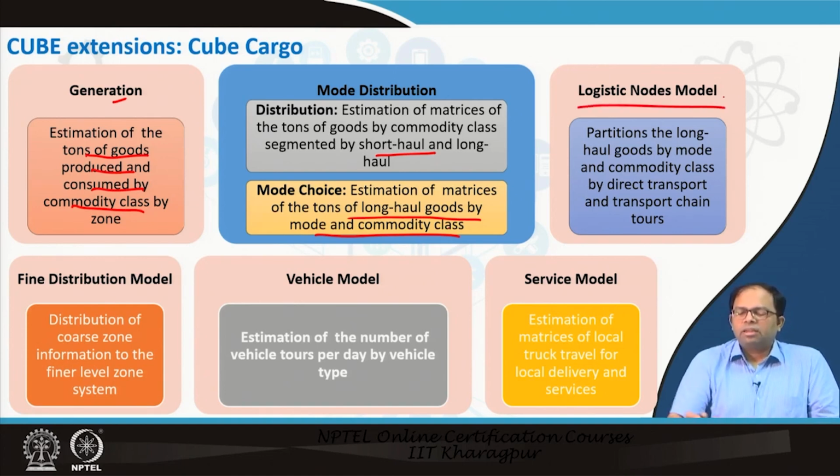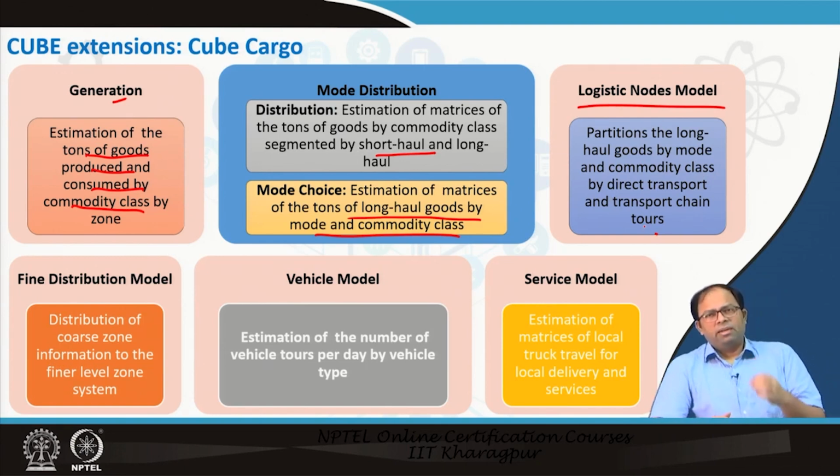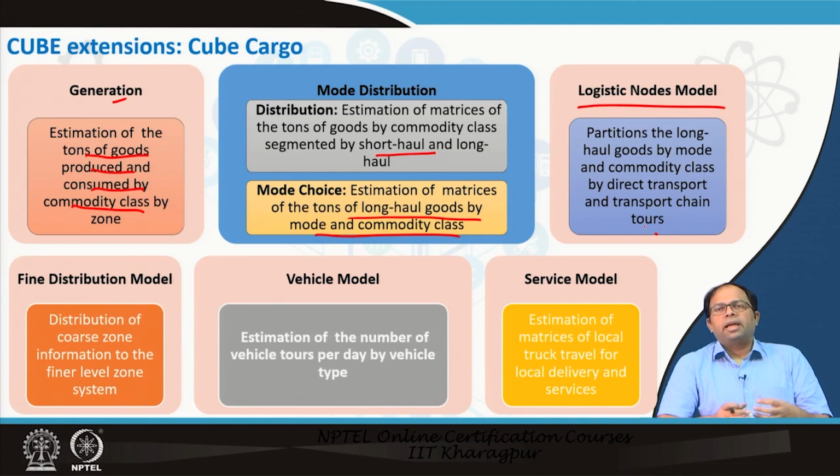Then we have the logistic nodes model. Here we partition the long haul goods by mode and commodity class into direct transport and transport chain routes. Certain things are direct trips, like for example, I deliver coal or steel from one point to another. But if I am delivering a certain kind of item like refrigerators, I am going from my industry to 4 distribution centers.